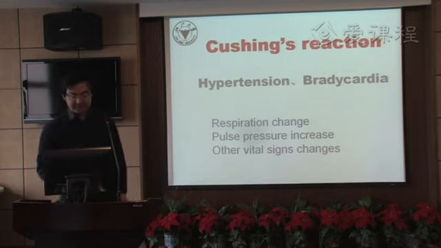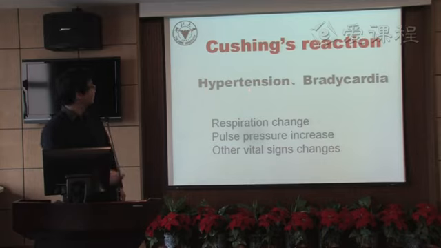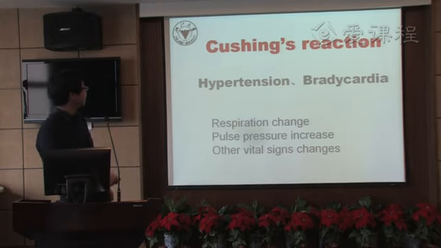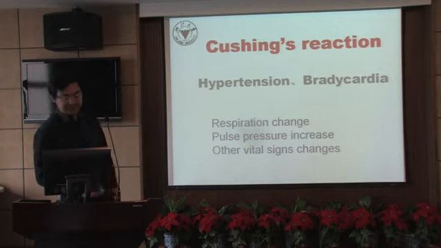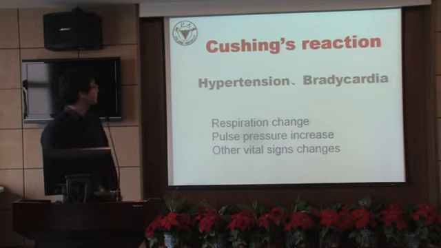Cushing reaction is characterized by hypertension, bradycardia, and also respiration change, pulse pressure increase, and other vital signs change. So these are the symptoms and signs of the Cushing reaction. Cushing reaction aims to increase the blood flow and protect the brain tissue after intracranial hypertension. So this is the Cushing reaction.